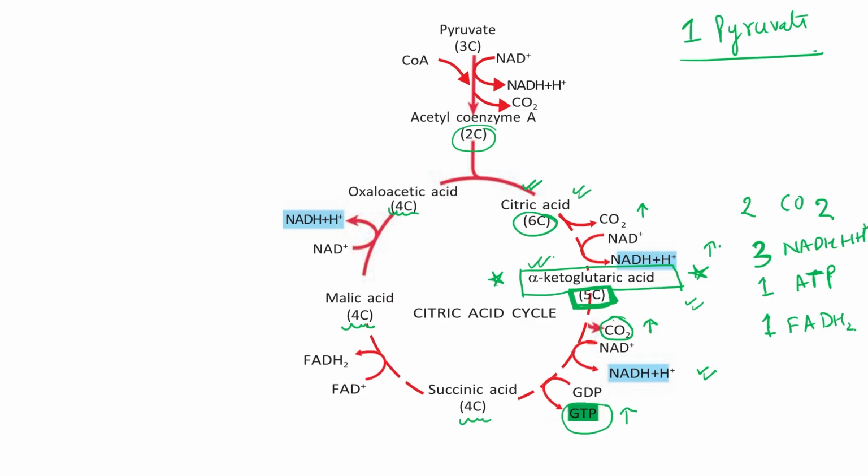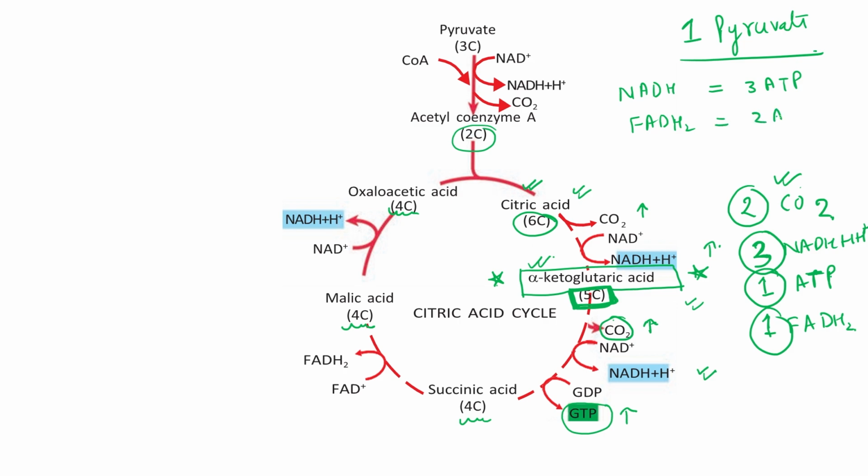Clear? So in this whole cycle, 2 molecules of carbon dioxide are removed, 3 molecules of NADH, 1 molecule of FADH2, and 1 molecule of ATP are produced. As you know, 1 molecule of NADH is equal to 3 molecules of ATP, and 1 molecule of FADH2 is equal to 2 molecules of ATP.